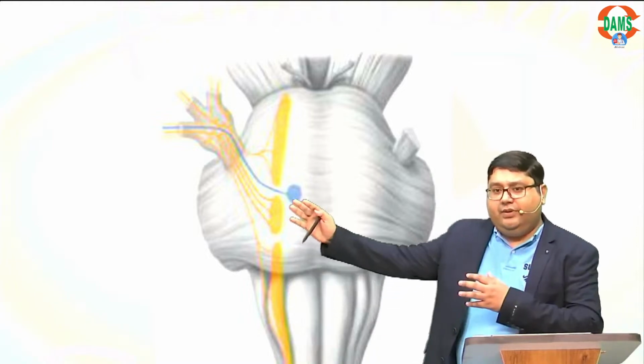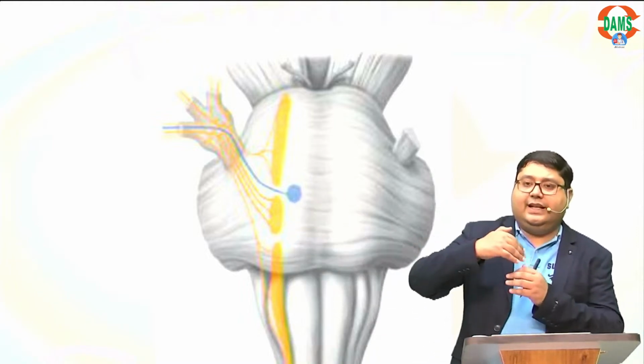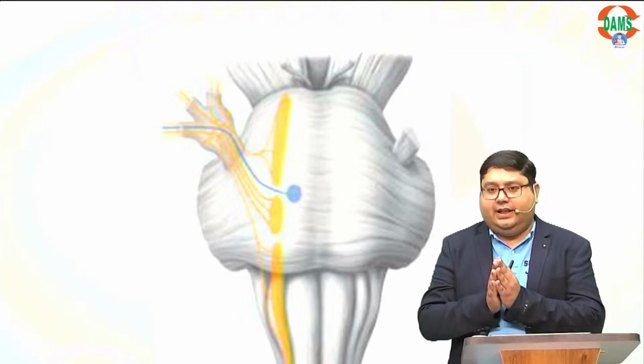But from there, when you see the distribution, the sensory part is there and the motor part is there, correct? So we can say the sensory fibers over here are making the trigeminal ganglion, which will be distributed into three parts, which we usually talk about: V1, V2, V3.